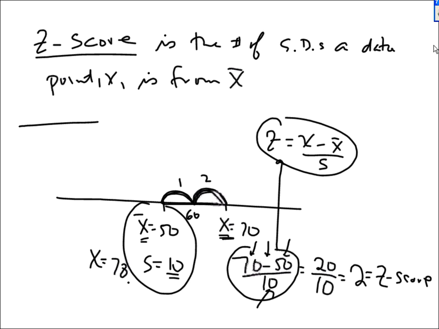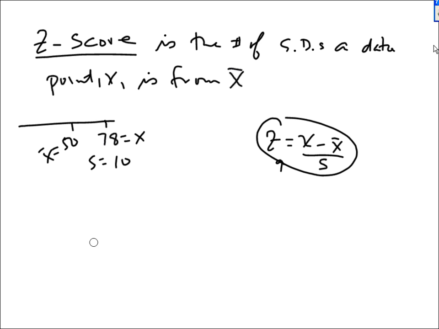All you know is the mean is 50, x here is 78, and 10 is the standard deviation. What's the z-score?